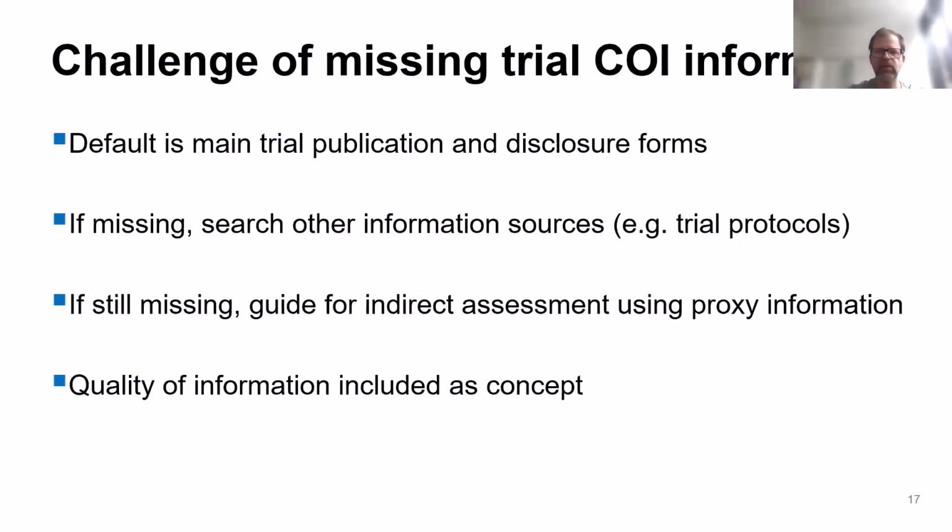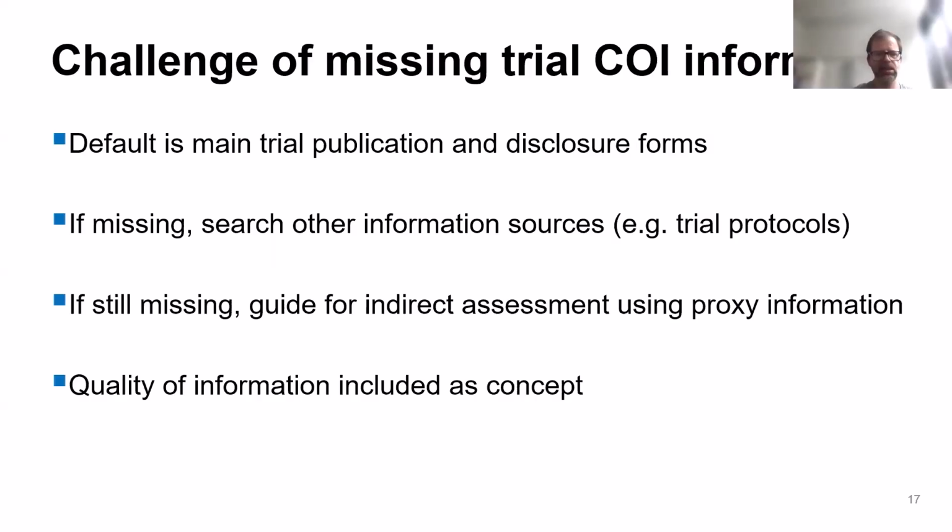One challenge that I have already highlighted is that, particularly for older trials, there's a lot of missing information. The default in TACIT is to focus on the main trial publication, typically the first publication of the trial with the results, and the disclosure forms, either the disclosure information in the trial publication or, for many journals, a separate ICMJE disclosure form uploaded on the journal website.